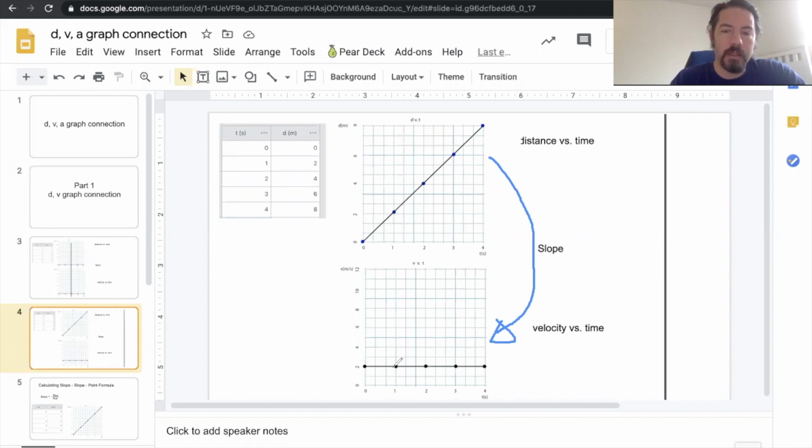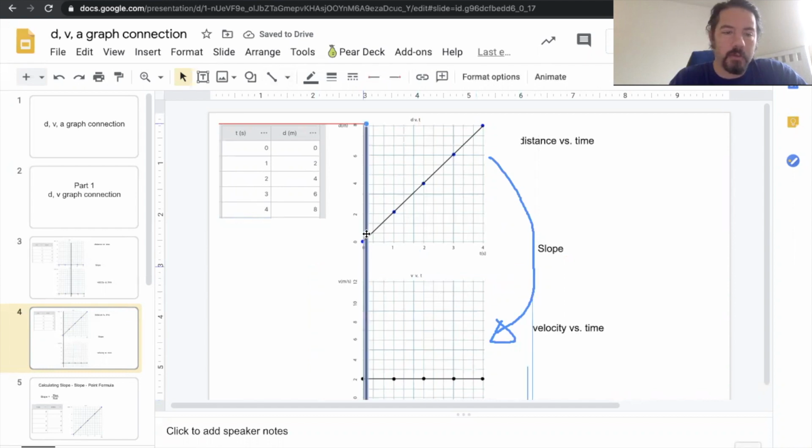At 1 second, the slope is 2. At 2 seconds, we could do the rise as 4 divided by 2, and it's still 2. It's a straight line, so the slope is constant, so we can graph the slope of 2 all the way across. That tells us the velocity of this object is 2 meters per second.